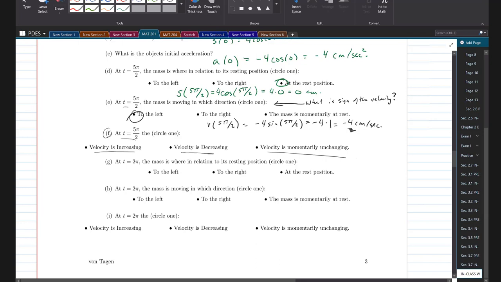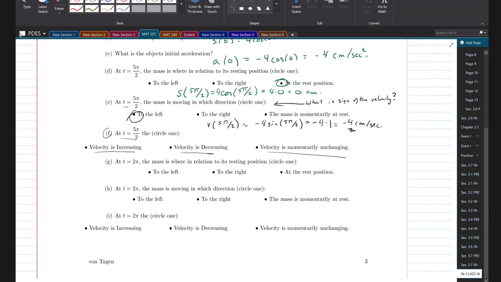I often have people plug 5 pi over 2 into the velocity function, because all the answer choices have the word velocity in them. But where should I plug 5 pi over 2? Acceleration. Because I'm not asking you what the velocity is, I'm asking you how the velocity is changing.